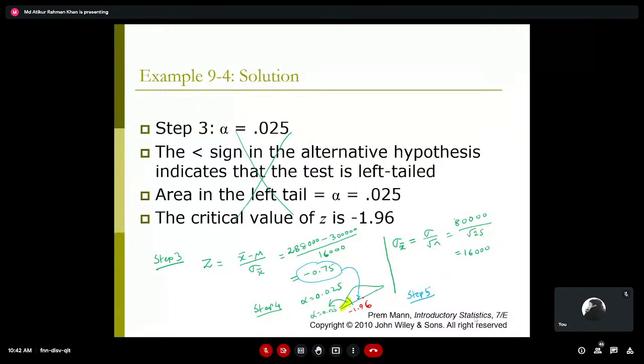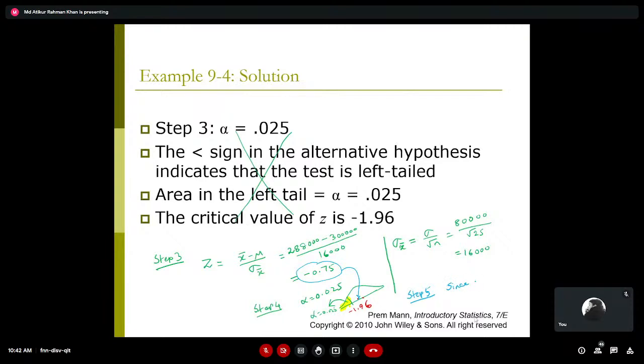So step 5, right? Now what we can say is, since the calculated value falls in the non-rejection region, we do not reject the null hypothesis.